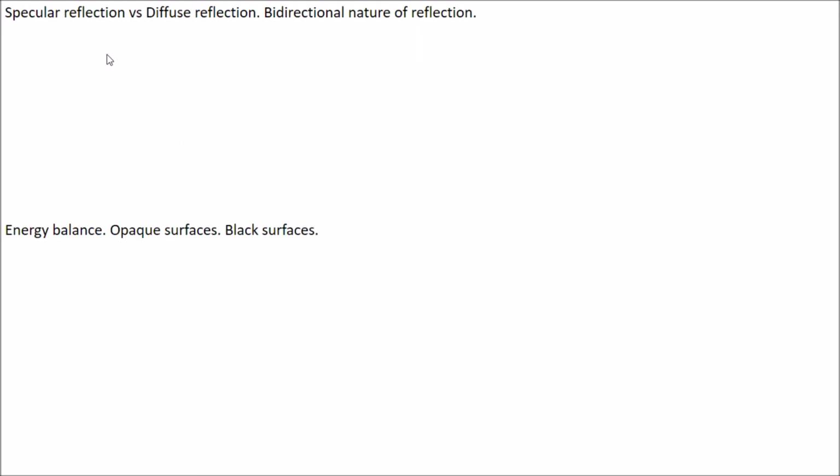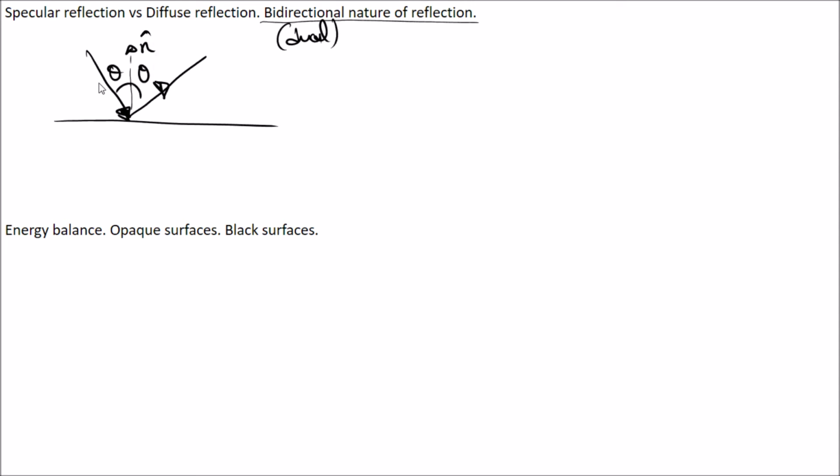And there is also the bidirectional nature of the reflection, or dual nature. If you have a surface and an incident ray, if you remember from optics, the incident ray creates an angle with the reflected ray which is equal with respect to the normal. This is the normal and the angles are equal. This is called specular reflection, which is true for smooth surfaces.